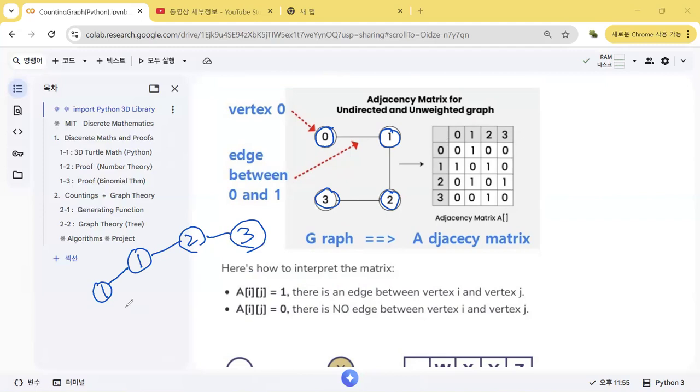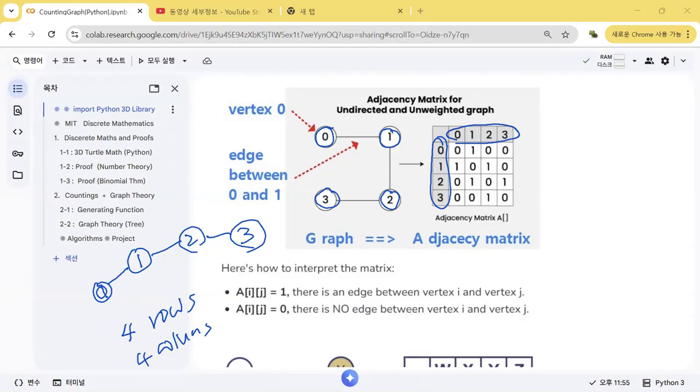There are four vertices, so you have four rows and four columns like this. Four rows and four columns, and oh, sorry, this is 0.